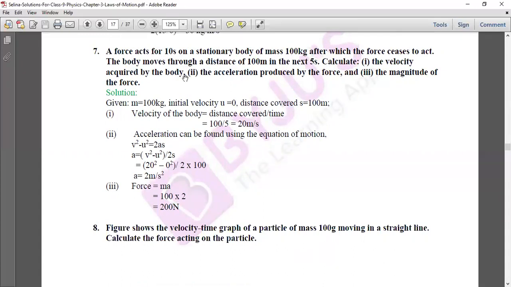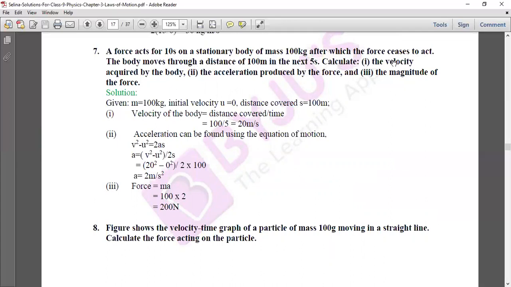After the application of force, the body starts to move. After which the force ceases to act. The body moves through a distance of 100 meter in the next 5 seconds.